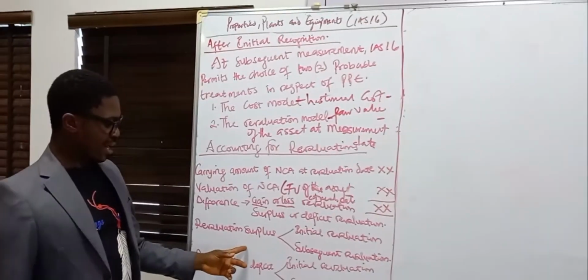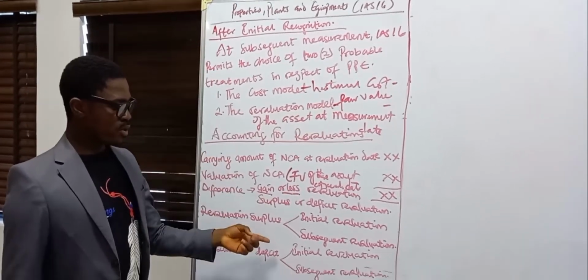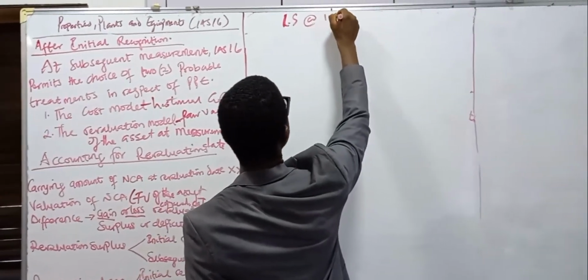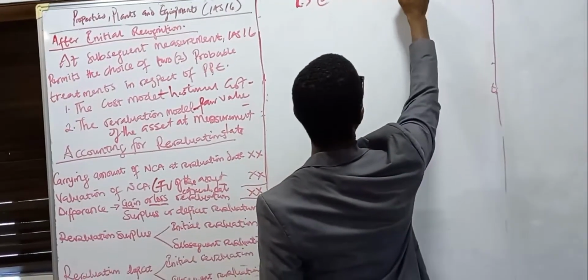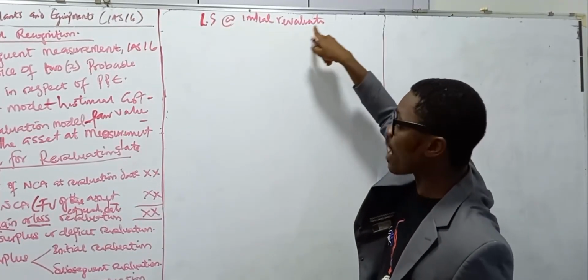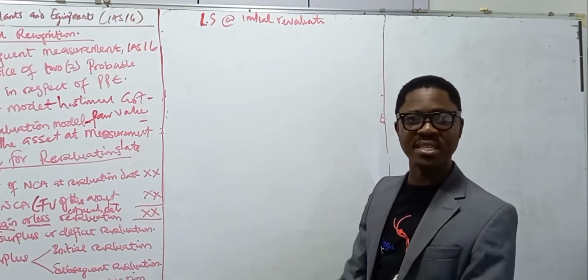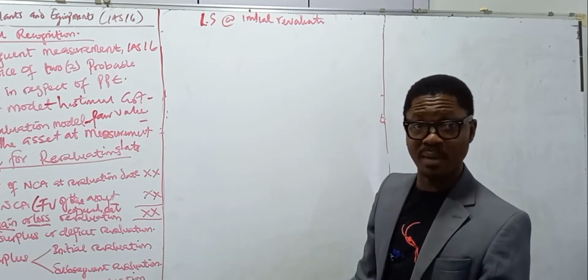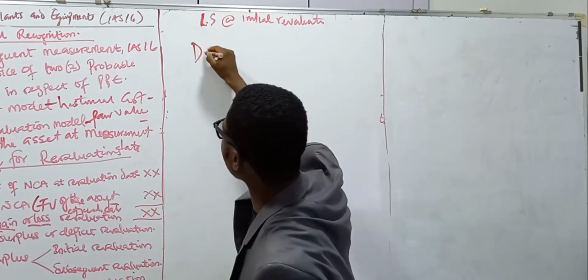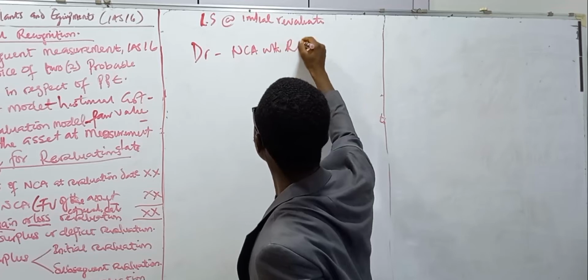Taking this further, what will be the accounting treatment of revaluation surplus at initial revaluation and at subsequent revaluation? The treatment of revaluation surplus at initial revaluation simply means that at the first time of revaluing the concerned property, plant, and equipment, the non-current asset will be debited with the revaluation surplus.